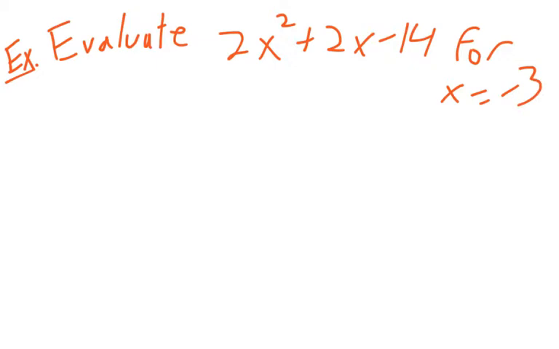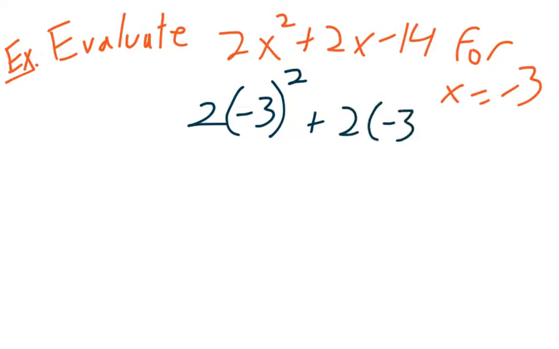So I'm going to use parentheses when I plug in that negative 3. So it's going to be 2 parentheses negative 3 parentheses squared plus 2 parentheses negative 3 minus 14. So I just put a negative 3 both spots where I had an x.